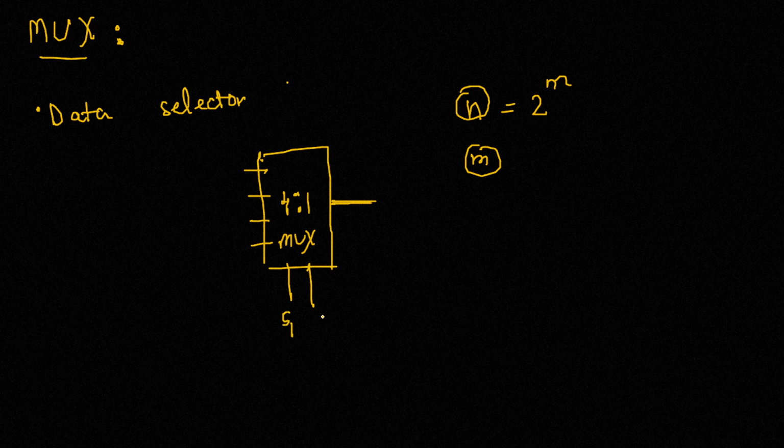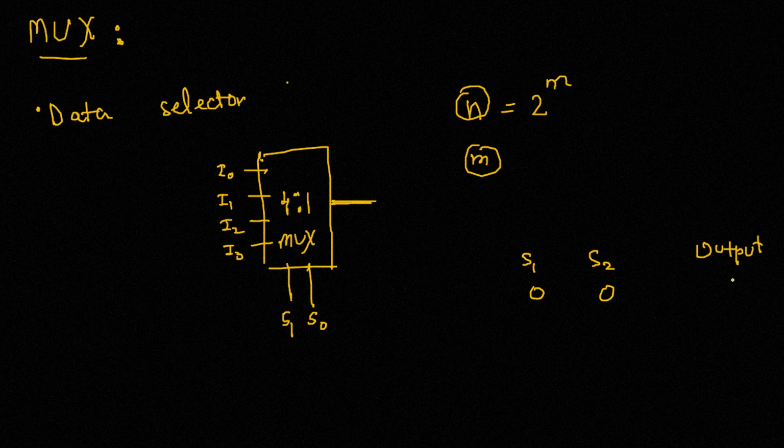So here you have S1 and S0, which are the select lines. These are I0, I1, I2, I3. So depending on what is actually fed into these select lines, one input gets chosen and that comes out as the output. So let's say if the value of S1 is 0 and the value of S0 is 0 as well. What that means is whatever is the value of input I0, that's what comes out as the output.